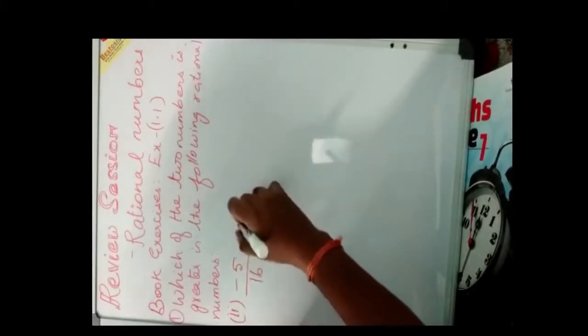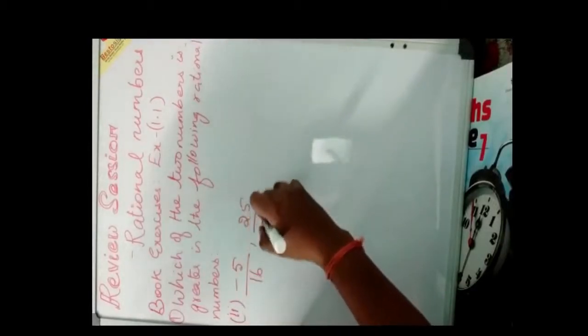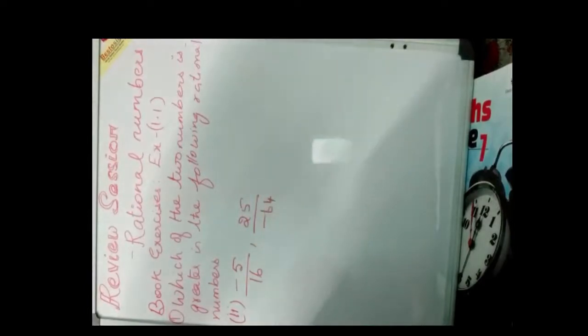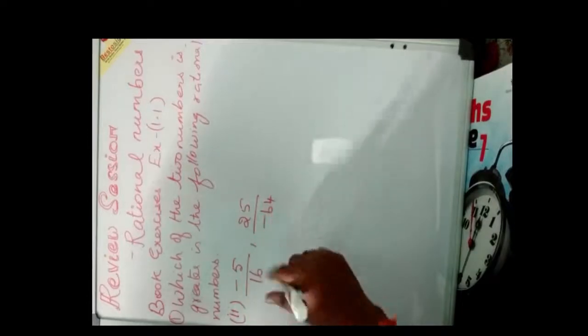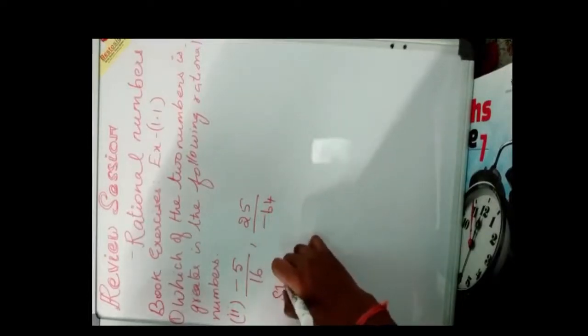Now the second sum that we are going to see is minus 5 by 16 and 25 by minus 64. Here we can see both of them are in fractional form. So step 1, convert into standard form.